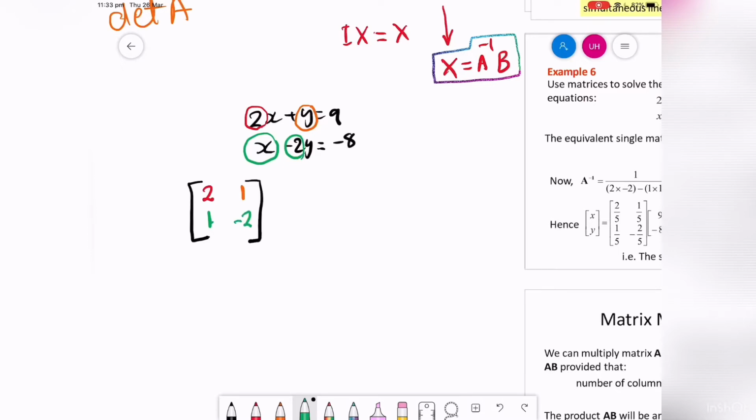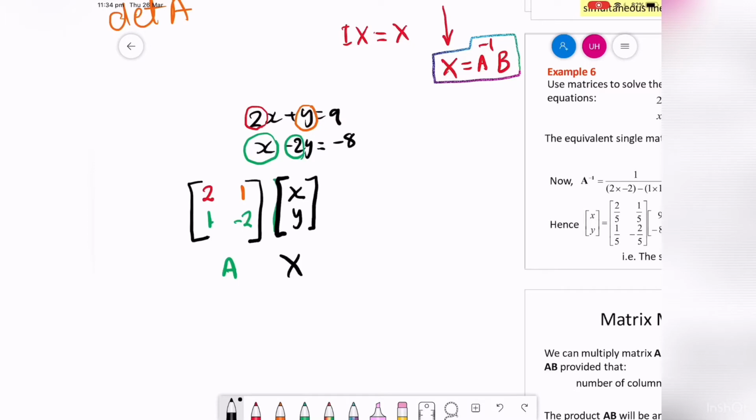So this is the matrix of the coefficients, which represents the matrix A. And this is multiplied by the matrix of the variables, or the matrix X we call it, because it has the variables x and y.